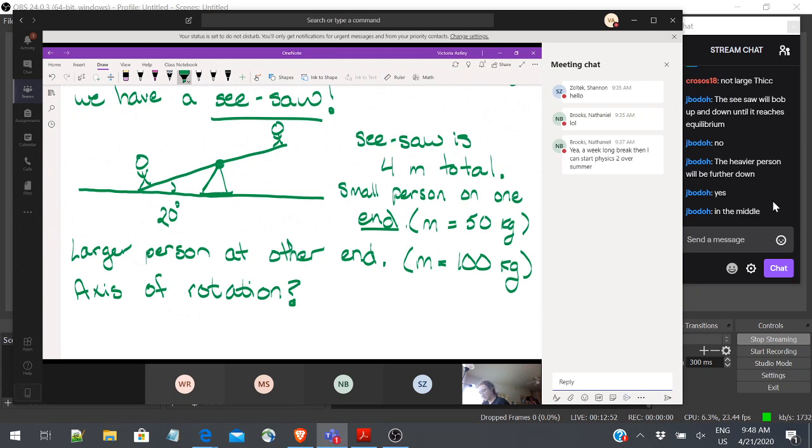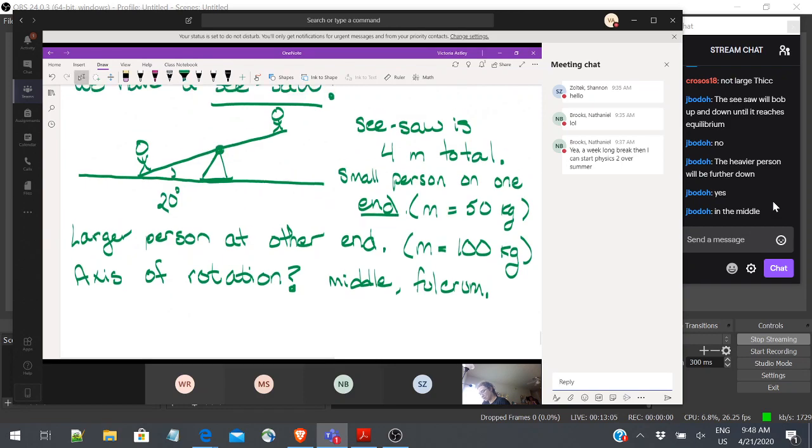Yep. It's where it's attached to the fulcrum. Okay. Can you tell me what are the forces acting on the seesaw?